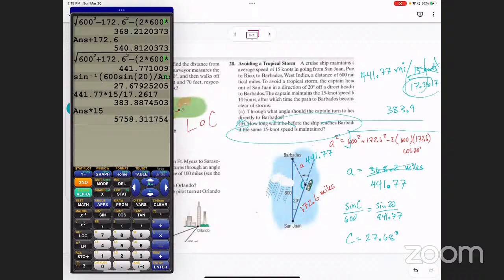No, what did I just do? This should be 441.77 divided by 17.2617. There's your answer. 25.6 hours.